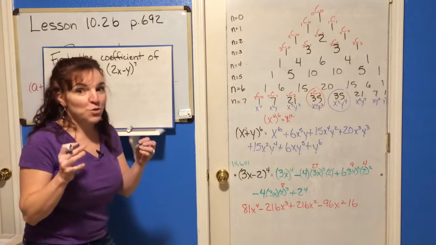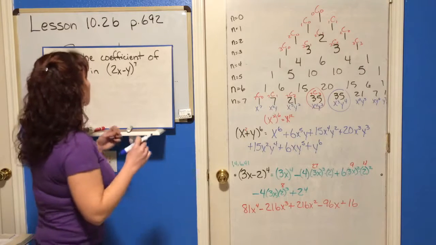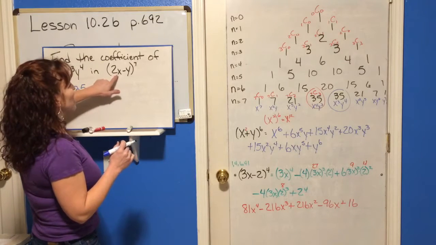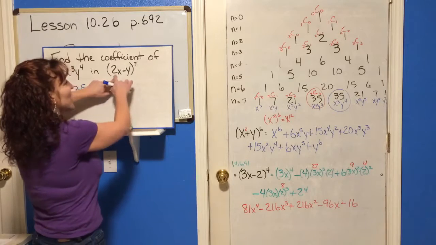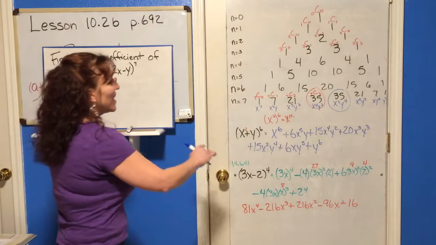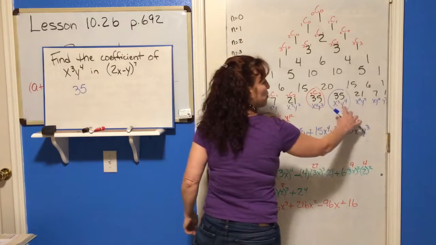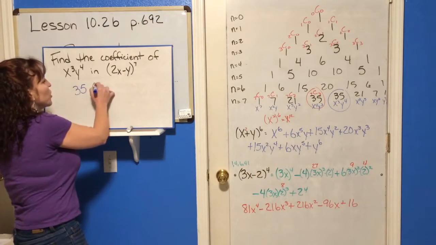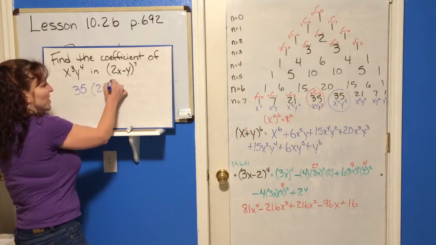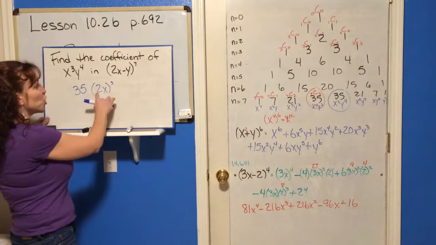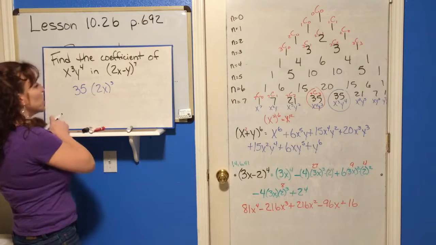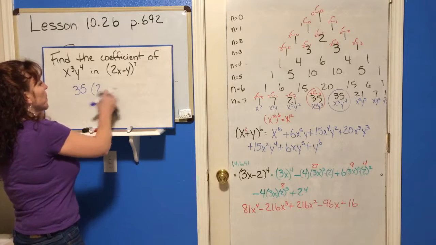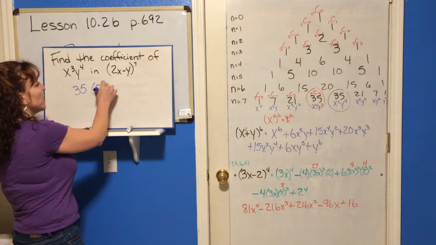Now be careful, because it's not just 35. Remember, we've got to take this 2x, it's not just the x. So in this x cubed y to the fourth, that was 2x cubed, right? So the 2 is also cubed, which is 8.